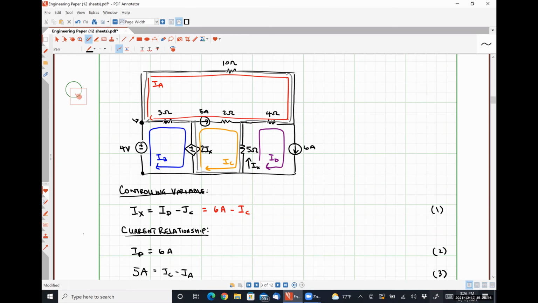When the current source is on the perimeter of a circuit, there's no loop that will enclose it because it's on the edge. So whenever we have a current source on the outside edge of a circuit, we're only going to get a current relationship equation out of that mesh. When we have an interior current source, like that 5 amp source, we'll wind up getting a super mesh equation that encloses it, as well as a current relationship equation.